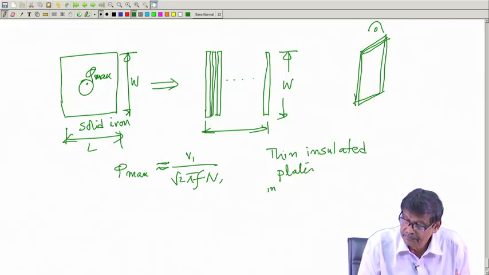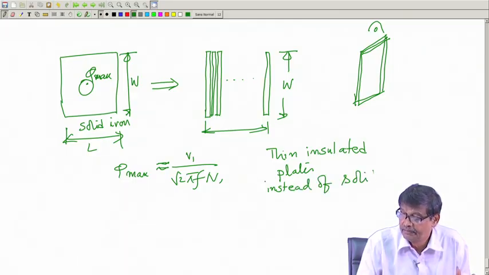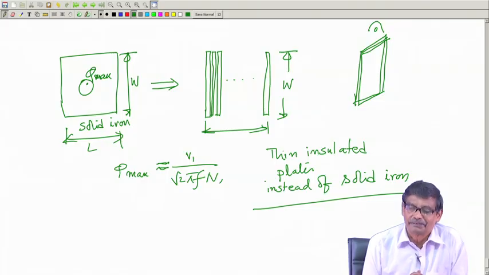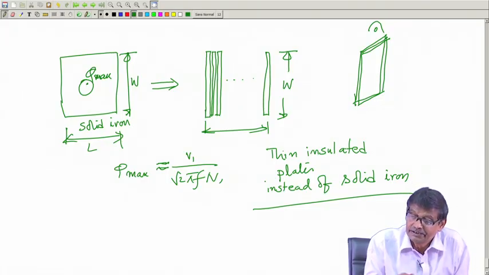Instead of solid iron, it will lessen that loss very much, because each plate is electrically insulated from each other.